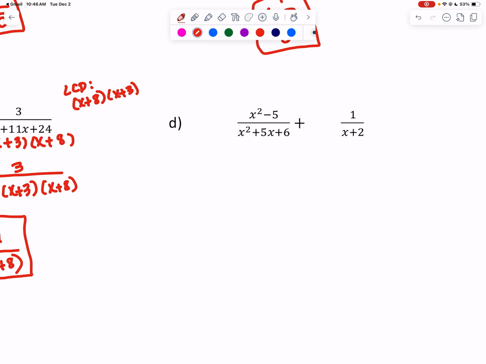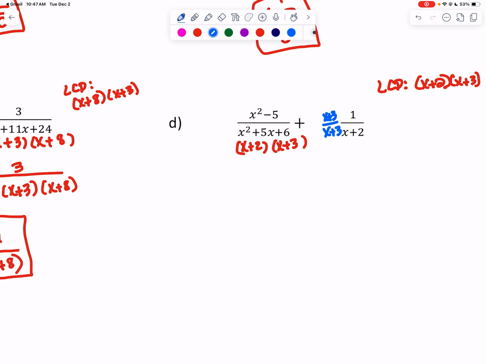All right, welcome back. Hopefully you took that first fraction and you broke it down to x plus 2, x plus 3, and then you identified your LCD as x plus 2, x plus 3. And then you noticed that you didn't need to multiply the first fraction by anything, but the second fraction was missing the x plus 3.